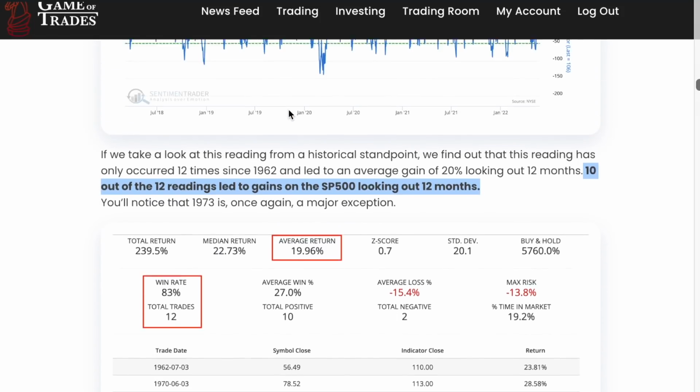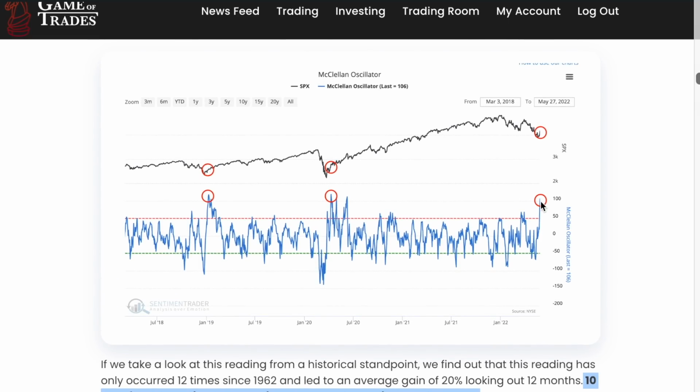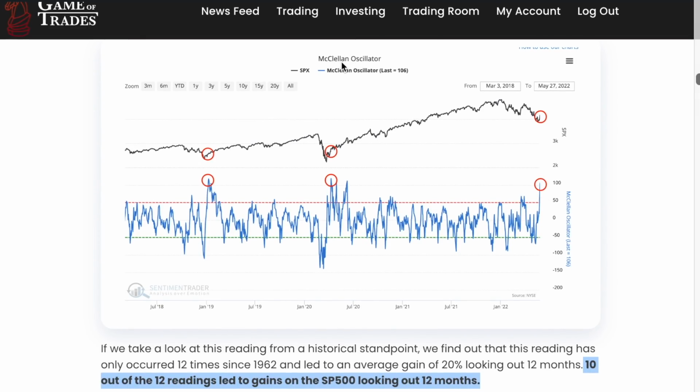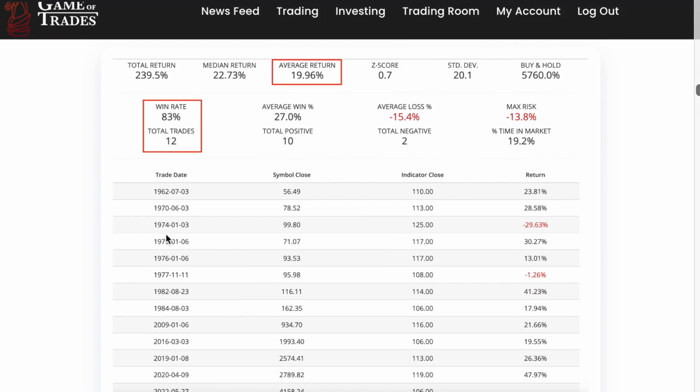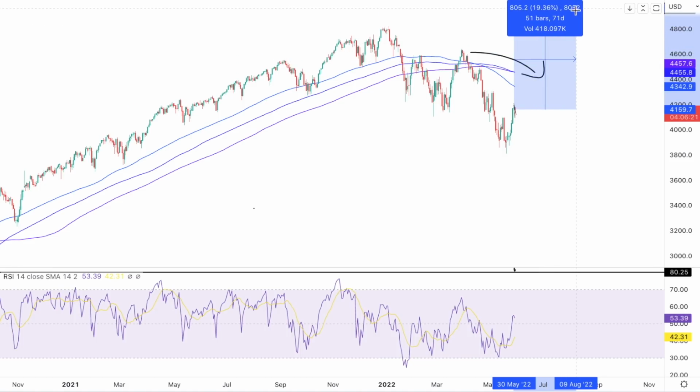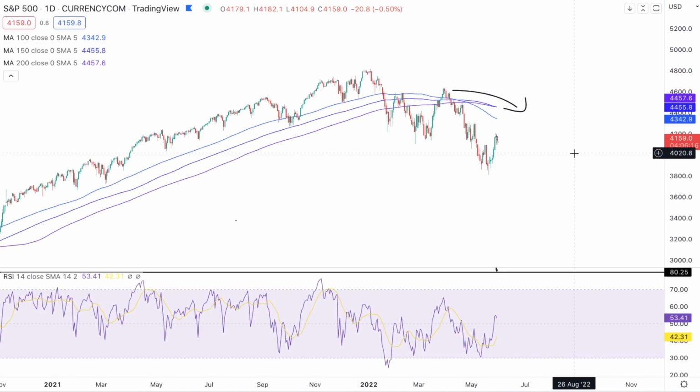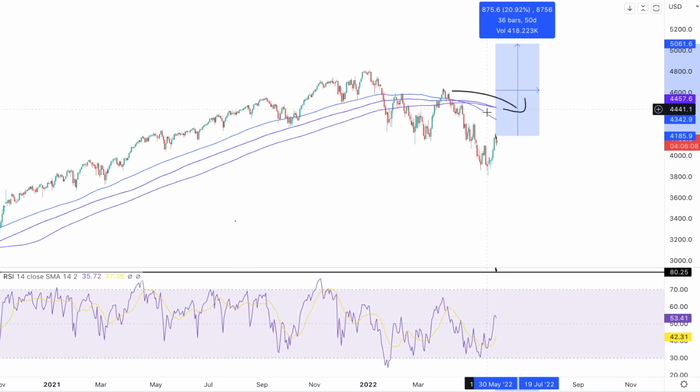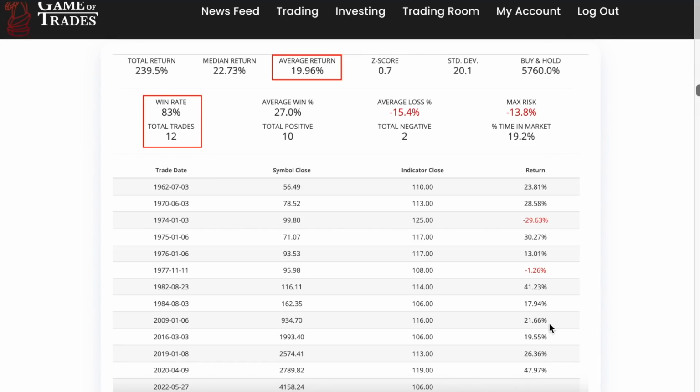If this signal here that we have on the breadth thrust that we had here, if that ends up not being an exception like it was in 74 and 1977, if it ends up giving us a 20% return or 22% median return, well, that would suggest that the market will be back to its all-time high in the next 6 to 12 months here, and well above the moving averages. That's if it's not an exception. And you can see in most cases it was actually above 20% return in the next 12 months.